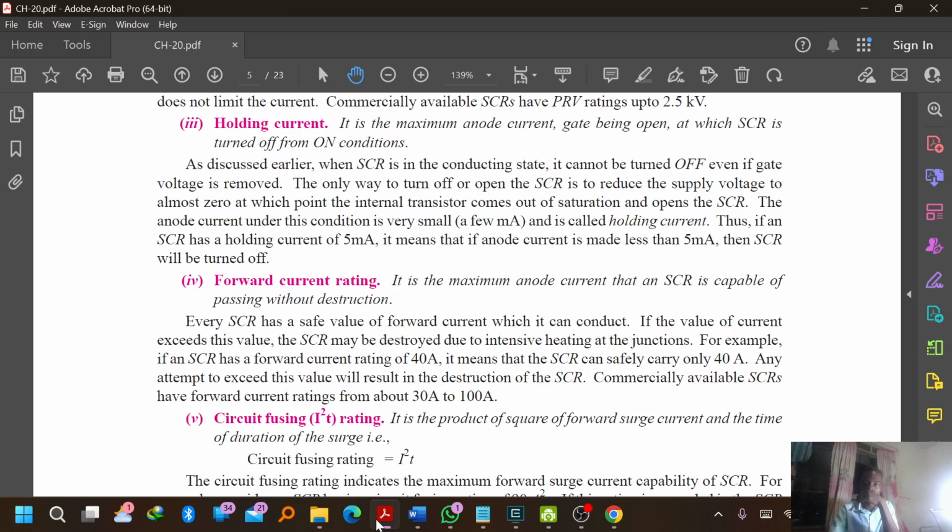So they're saying here the forward current rating is the maximum anode current that an SCR is capable of passing without being destroyed. So what does this mean?